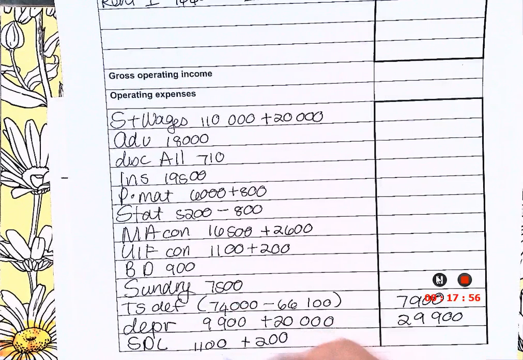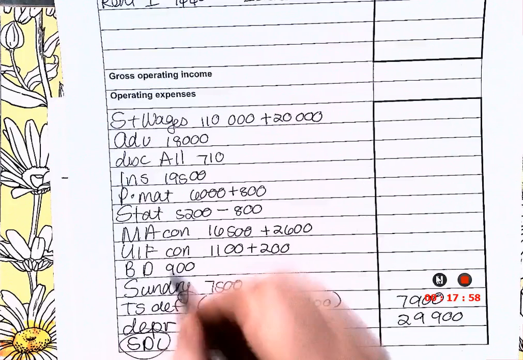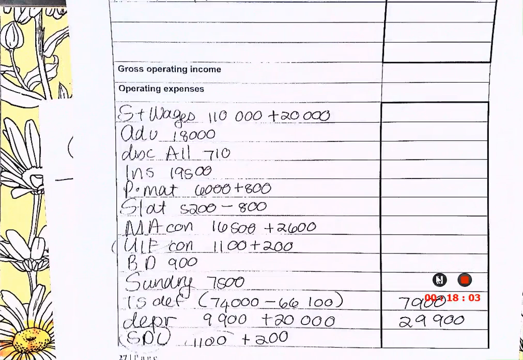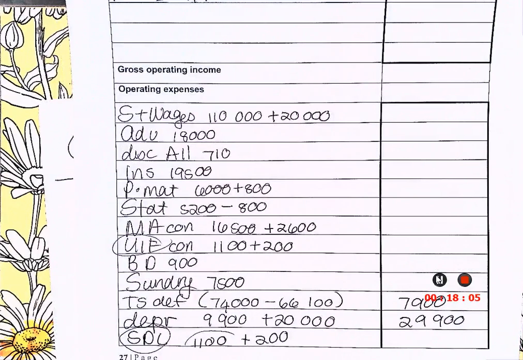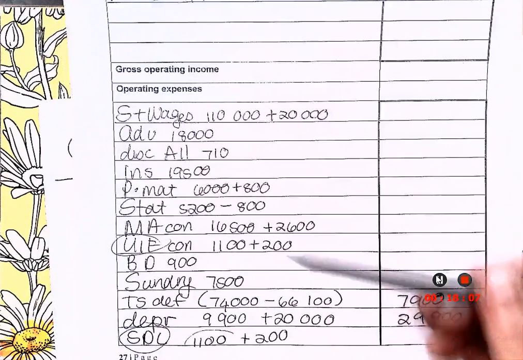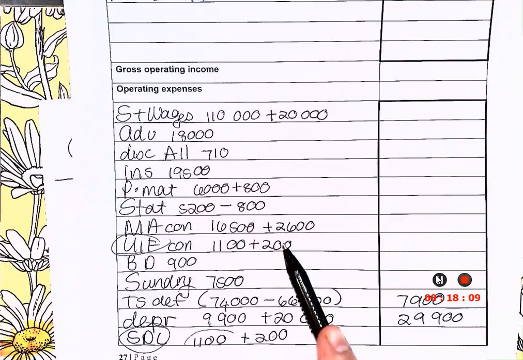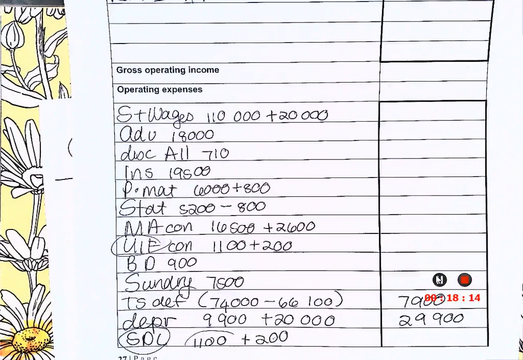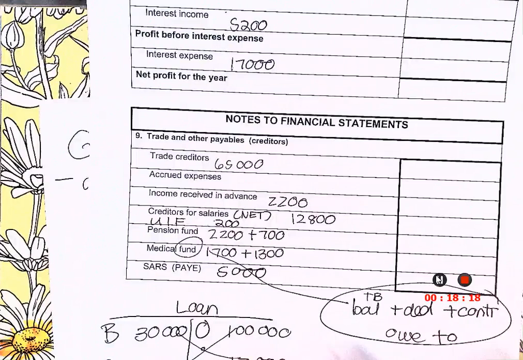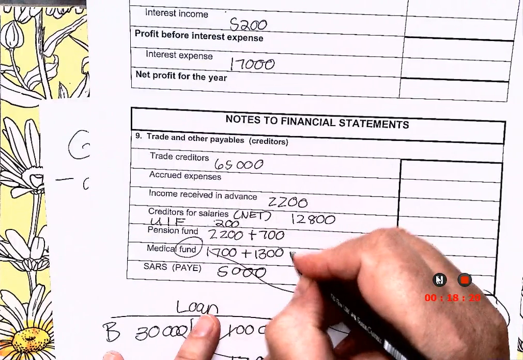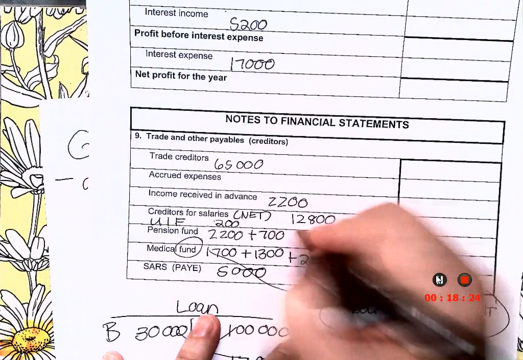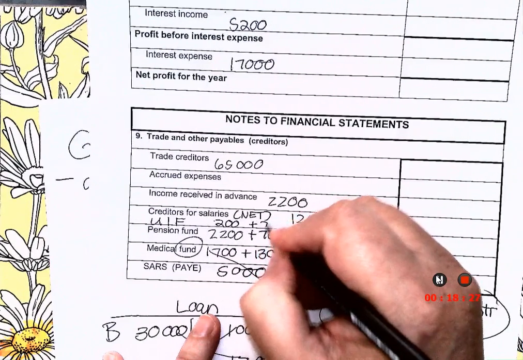How much? 200. Can you guys see that the skills development and the UIF amounts are the same? Actually, by law, this is wrong, because by law, the worker is supposed to give equal. Okay. So now, I also know that this needs to be paid over to the medical aid, to the UIF.